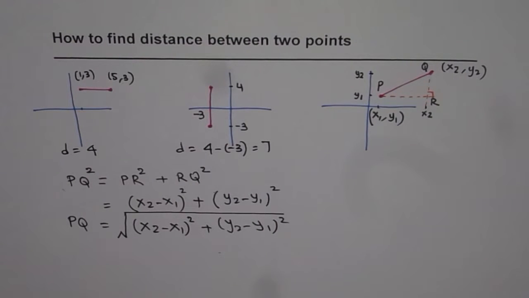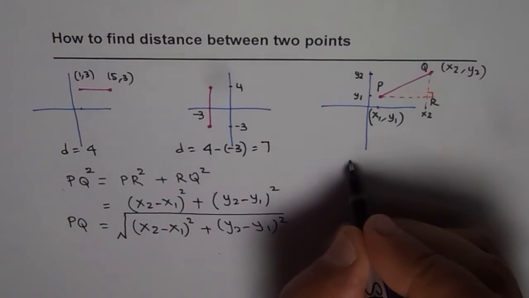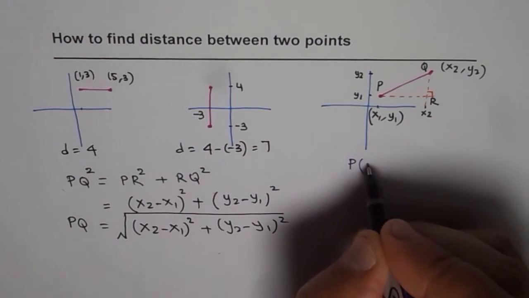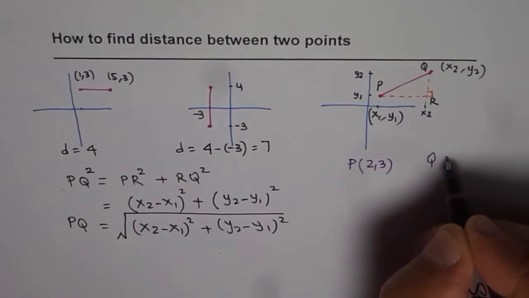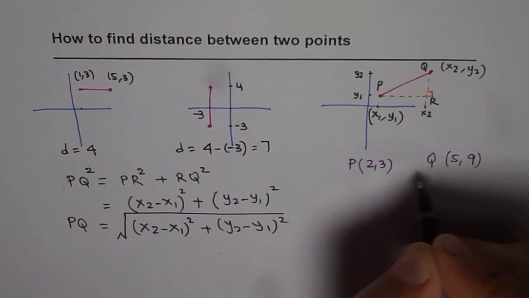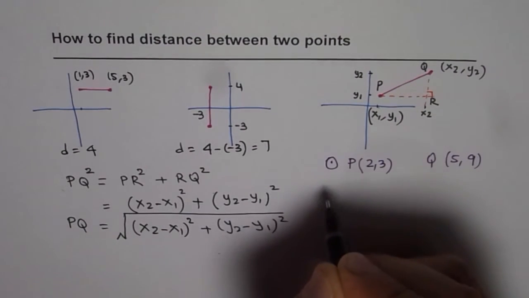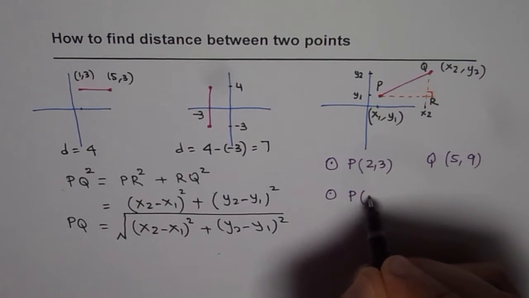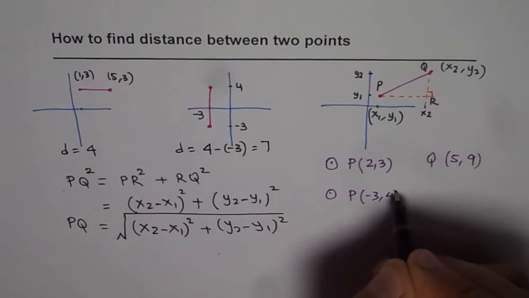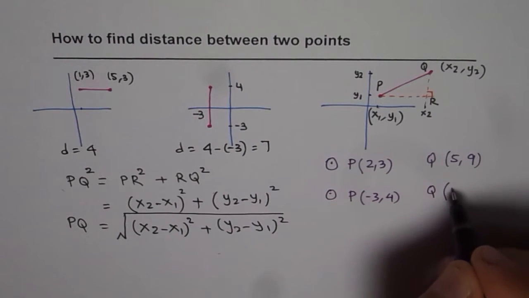So as an exercise, what you can do is you can find distance between a set of points where P is, let us say, 2, 3, and Q is 5, 9, right? So you could find this distance, and then you can find distance between points where P is minus 3, 4, and Q is, let us say, 4, minus 7, right?